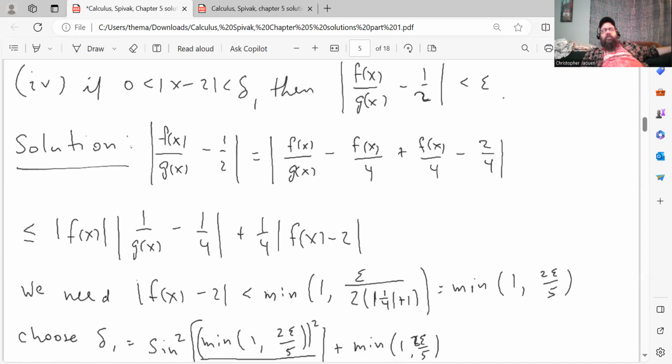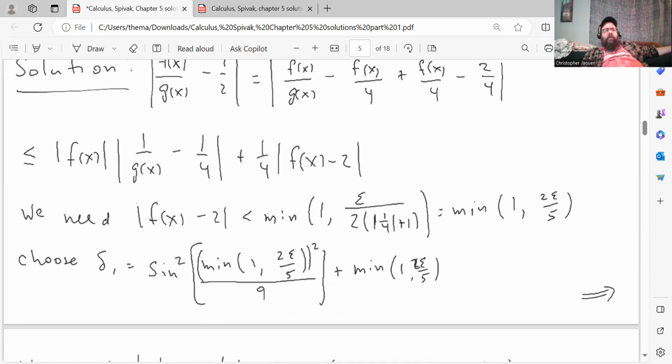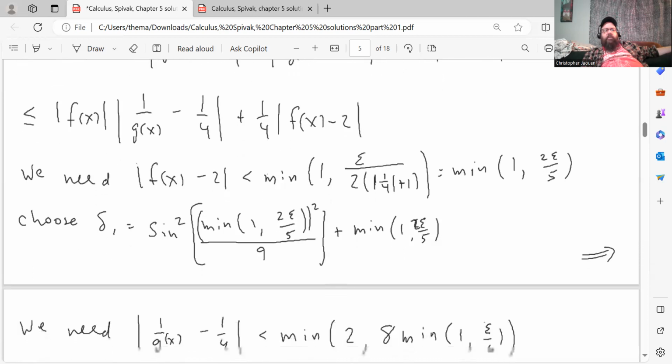These two sum to 0, so it doesn't change the value of anything. And 1/2 you can write as 2/4, that's the same thing when you reduce. Then using the triangle inequality and factoring, we get that that's less than or equal to |f(x)| times |1/g(x) - 1/4| plus 1/4 times |f(x) - 2|.